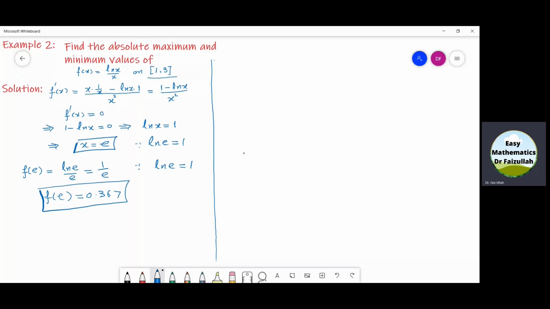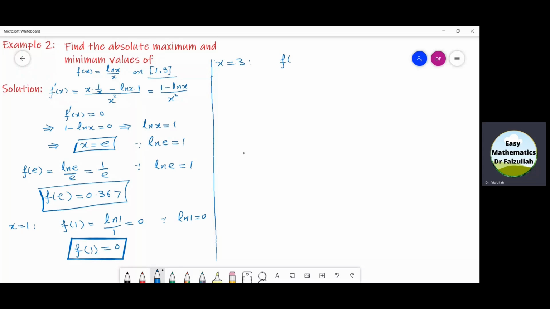And now let us put x is equal to 1 in the given function. So we have f of 1, which is equal to log 1 divided by 1. And this is equal to 0, because log 1 is equal to 0. So we have the second value, f of 1 is equal to 0. And now let us put the next point, which is x is equal to 3 in the given function.